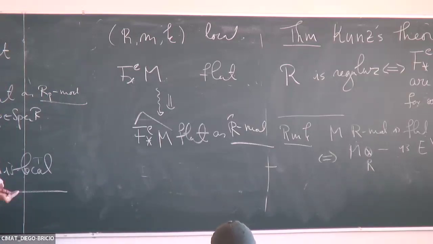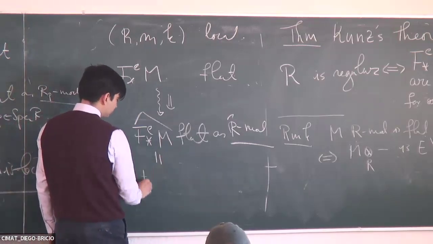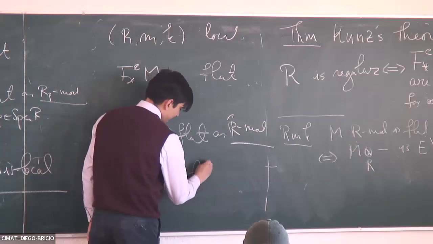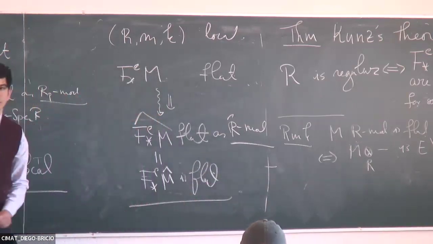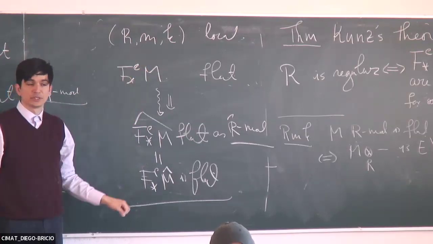I don't think it's quite true that in general completion always preserves flatness. In this particular case, yes. But it also has to do with it being faithfully flat. This module is not just flat, it's faithfully flat, and so its completion is flat. But this is the step. So this is flat, and then you say, oh, but this was just M hat. So if the Frobenius is flat for the ring, it's flat for its completion.